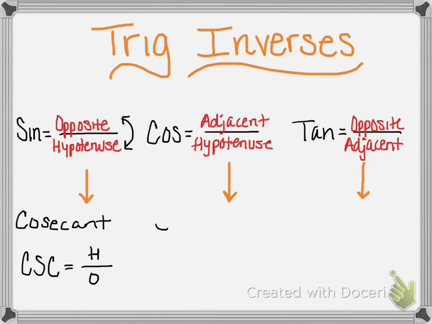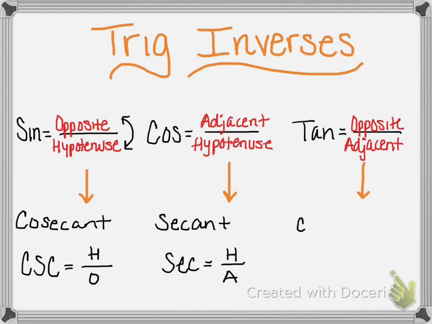Cosine, its inverse is called secant, which we abbreviate SEC. And again, we're just going to flip that original fraction. So instead of adjacent over hypotenuse, it's going to be hypotenuse over adjacent. And then finally, our last one, tangent.